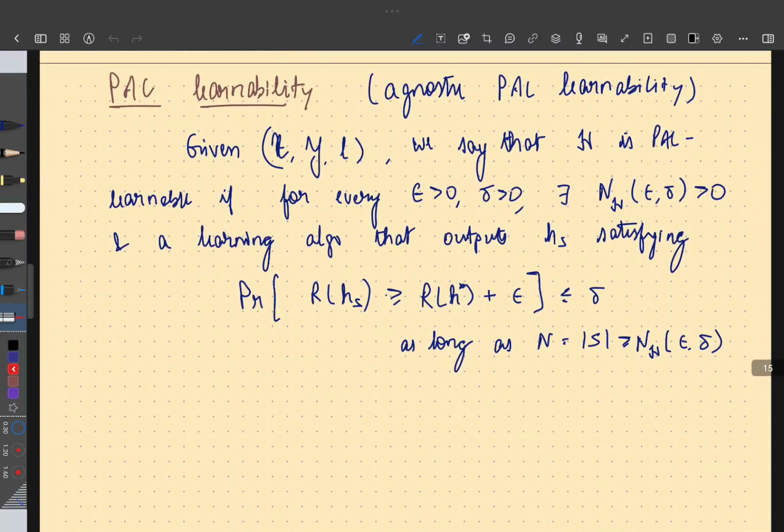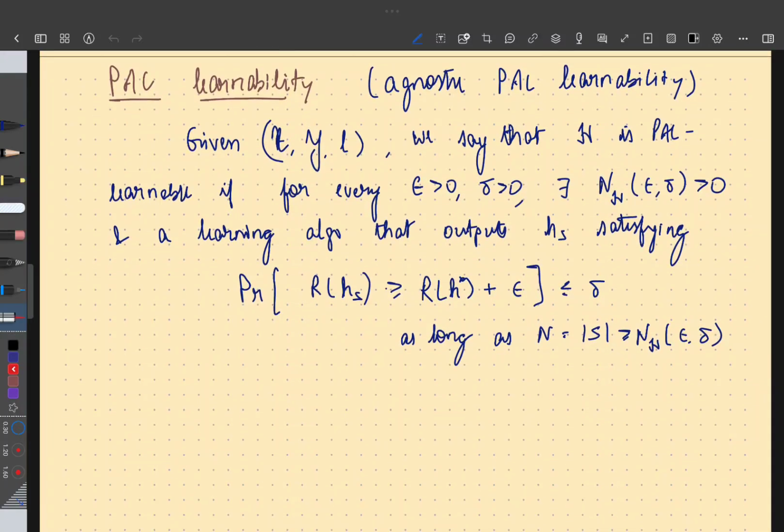And to make this more formal, I defined this notion of PAC learnability, or agnostic PAC learnability.